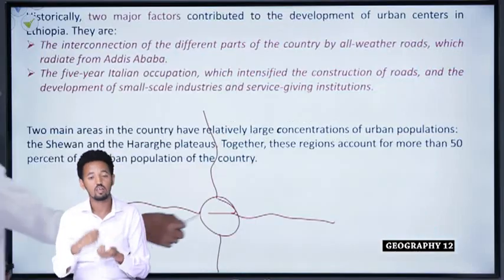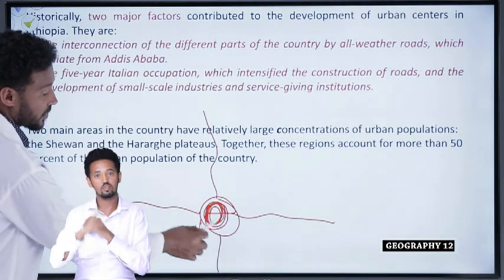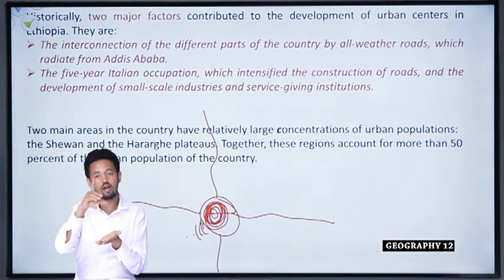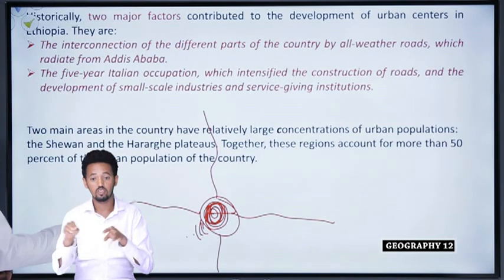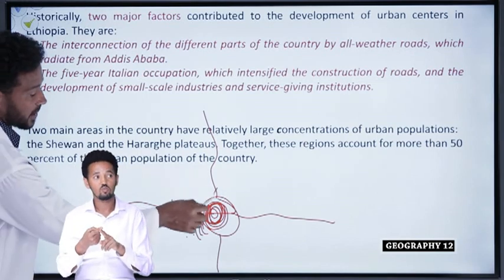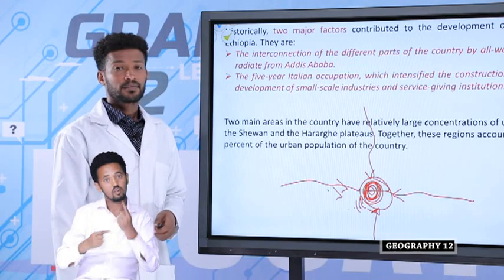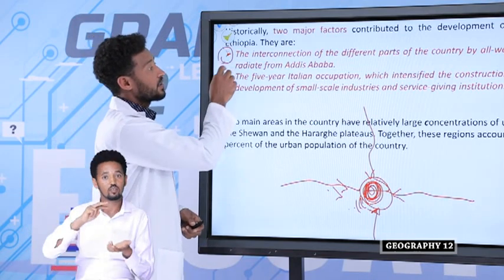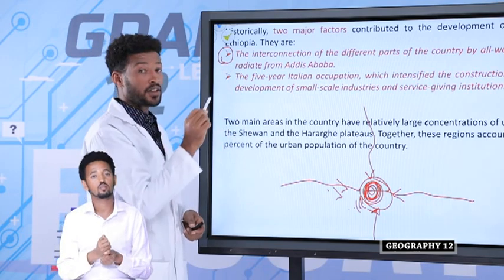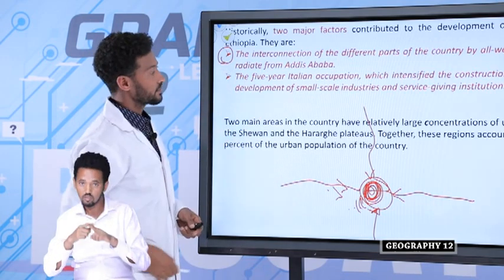In this context, the central parts of Ethiopia grow into urban regions, by the movement of people from regions to the central parts of the country. Therefore, the first reason is the road system, which radiates from Addis Ababa to different regions.